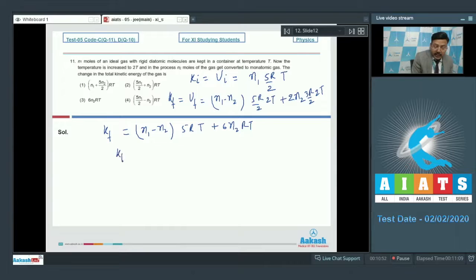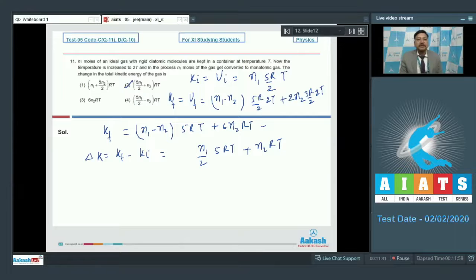So Kf minus Ki, which is the change in the kinetic energy, is equal to this minus this, and if we do that, we have N1 by 2 into 5RT plus N2 RT. So this is what it simplifies to, and among the options, this is clearly matching with option 2, so option 2 is correct for question 11.